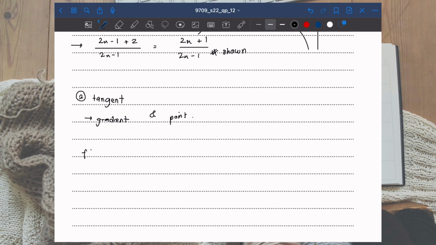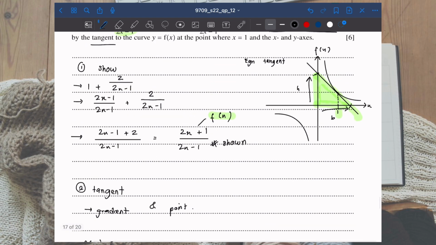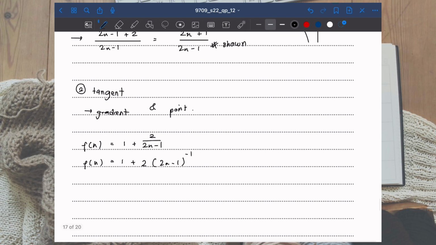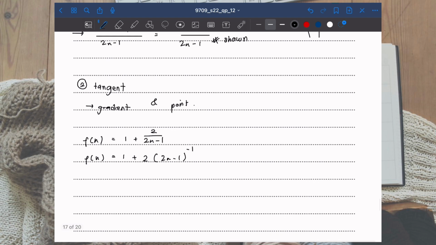So f of x will be 1 plus 2 over 2x minus 1. We can rewrite this as 1 plus 2 times 2x minus 1 to the power negative 1, so it will be easier for differentiation.